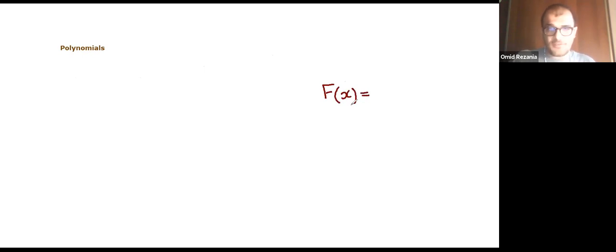We talked about the function as a transformation that takes your input variable x and transforms that into something different and something new. For example, we talked about the square root of x.